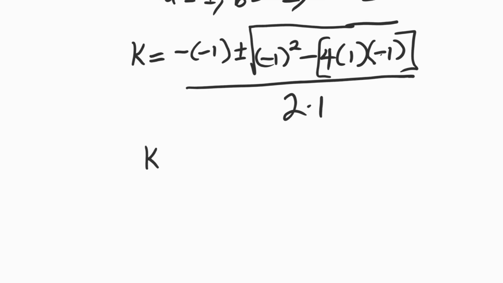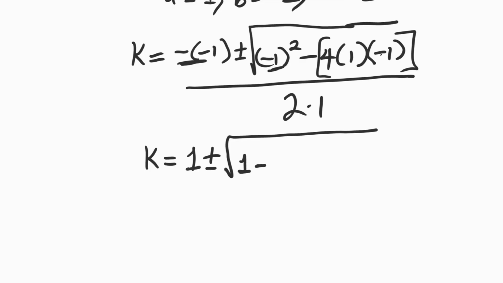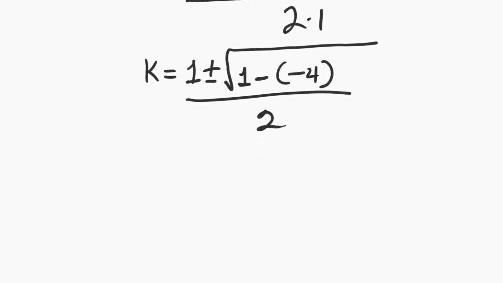So now k is equal to minus times minus here becomes positive 1 plus or minus the square root of minus 1 squared, which is 1, minus 4 times 1 times minus 1, which gives us minus 4, divided by 2.